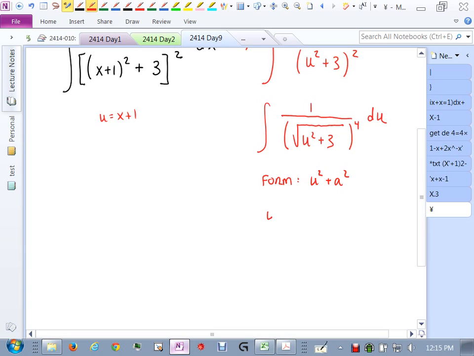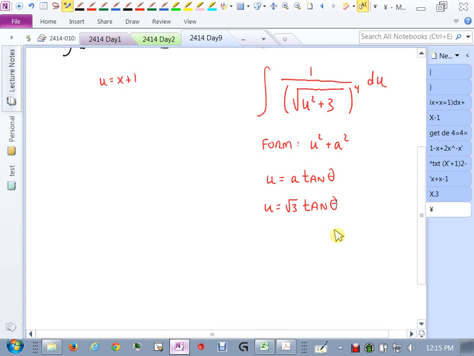Therefore, my substitution is u is equal to a tangent theta, which is u equal to square root of 3 tangent theta. Everyone understands root 3 because that's a squared, right? 3 is a squared.